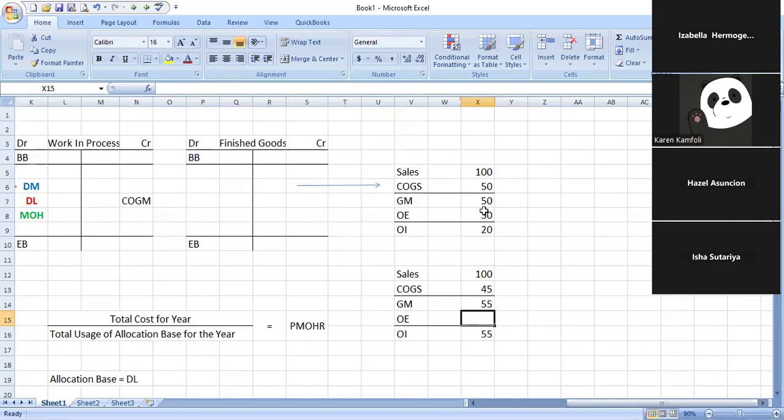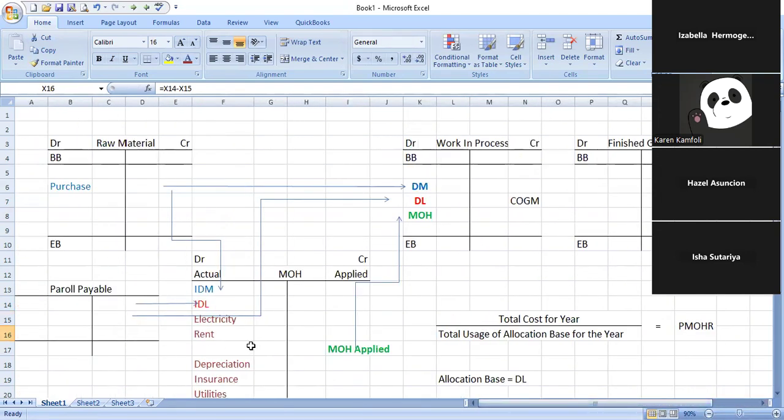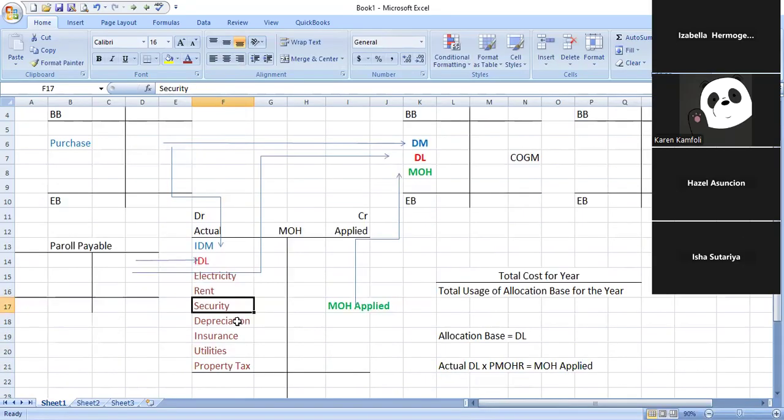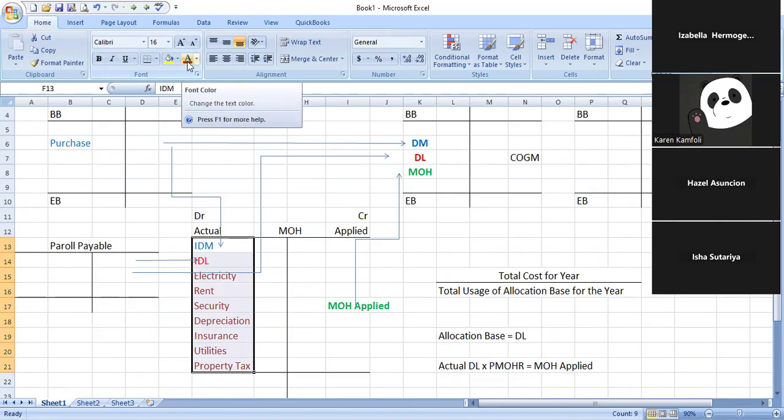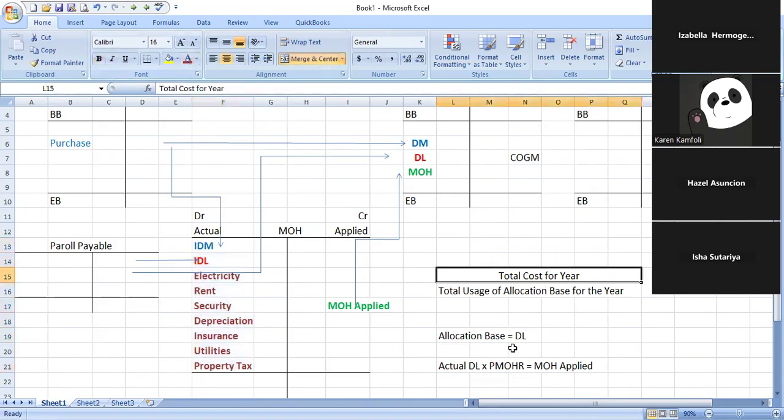So instead of operating expenses being 30, you have to cover the security that you forgot from before. So what does that mean? That means you have to be very, very precise in the estimation of the total cost for the year.